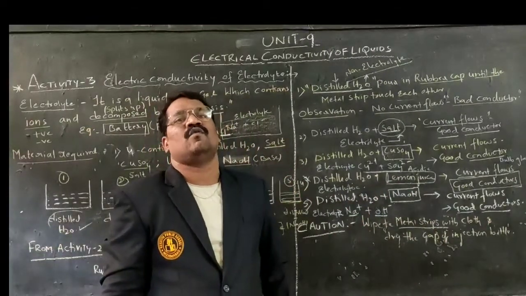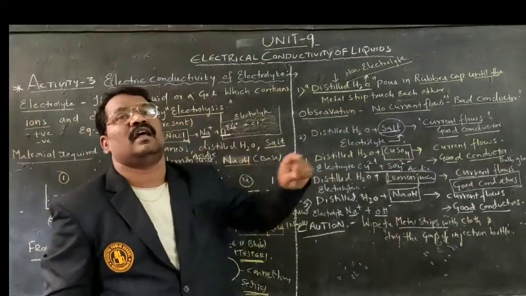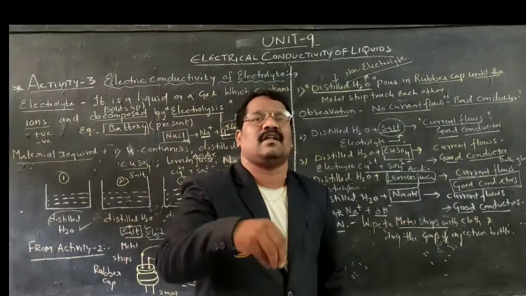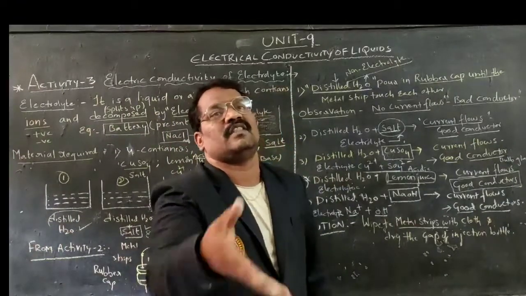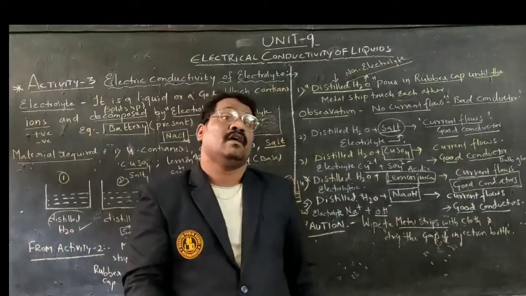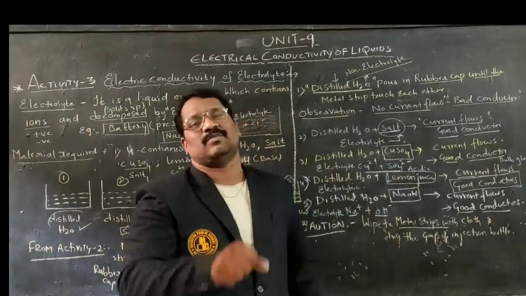That's the reason pure water doesn't have electrolytic nature, whereas drinking water with minerals as well as salt ingredients existing within it, what happens? It conducts electricity well. It can act as a good electrolytic substance.